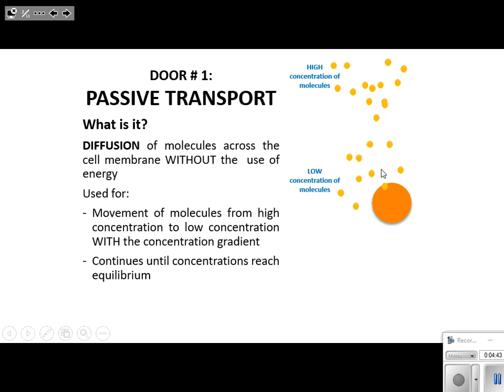When those numbers are the same, those numbers are equal. Once again, passive transport is the movement of molecules across the membrane from a higher concentration to a lower concentration without the use of energy.